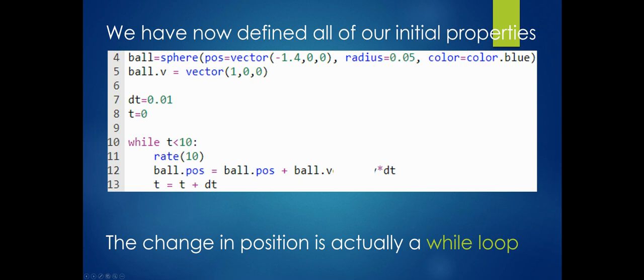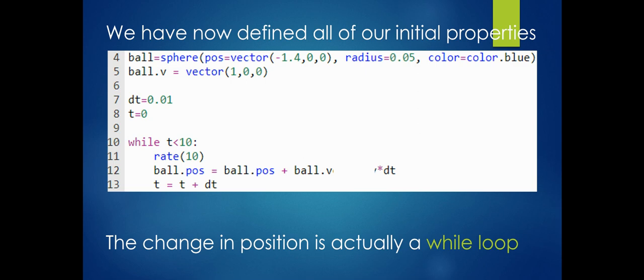Okay, so while the time is less than 10, our computer is going to start counting, and it's going to count the time. Then while it is less than 10, we're going to count at a rate of dt. And again, you can change this, but you have to be careful with it.